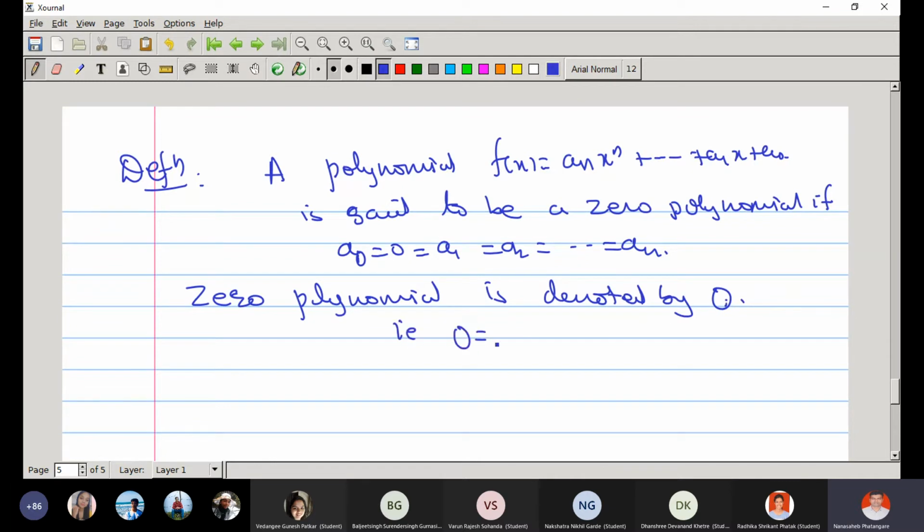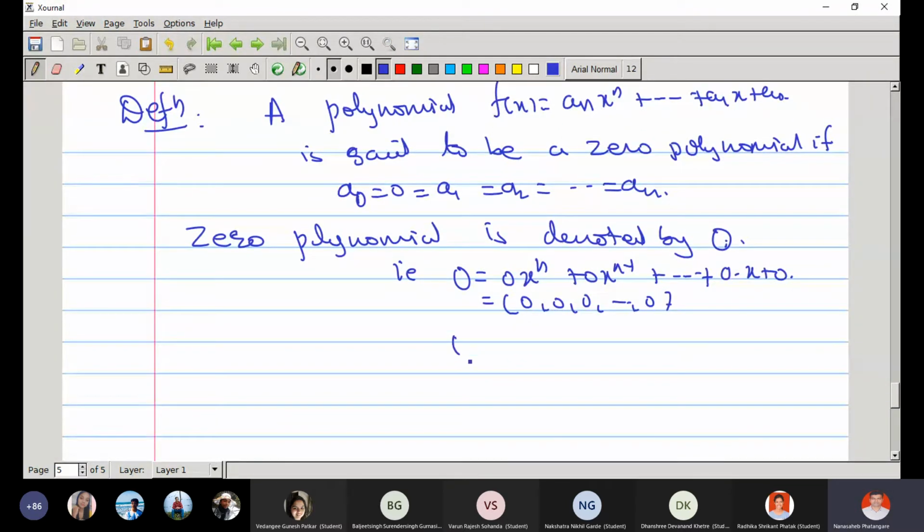What is a zero polynomial? 0 times x raised to n plus 0 times x raised to n minus 1, and so on, 0 times x plus 0. As a polynomial, if you identify this as a vector, it is just the zero vector. Is there any difference between 0 in R2 and 0 in R?